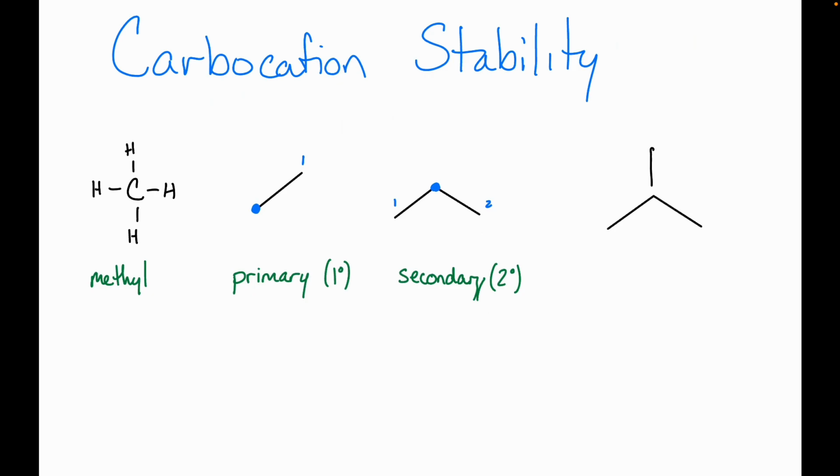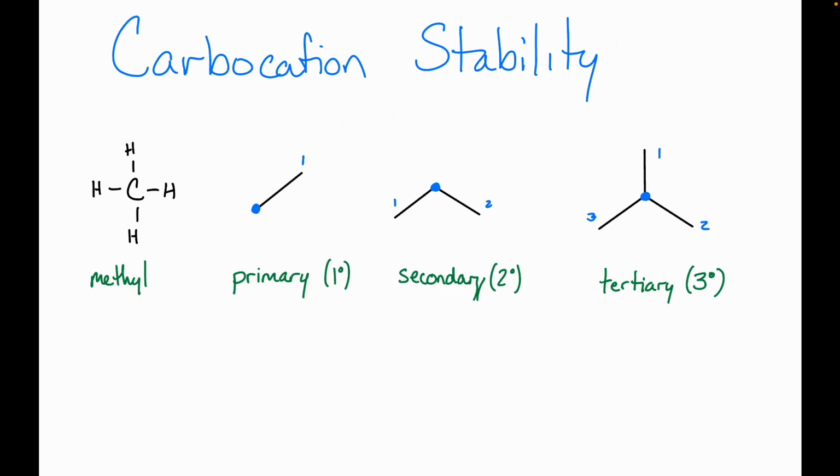All right, and lastly, we have a carbon like this one here with 3 carbon neighbors, 1, 2, 3. This is what we call a tertiary carbon. There are also quaternary carbons, although they're not going to pertain to what I'm talking about here in a second.